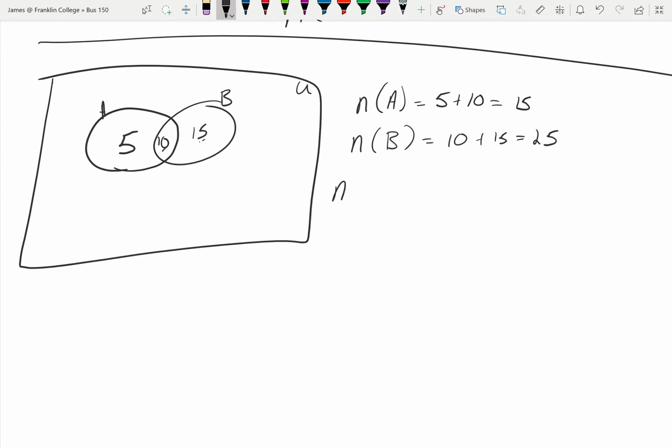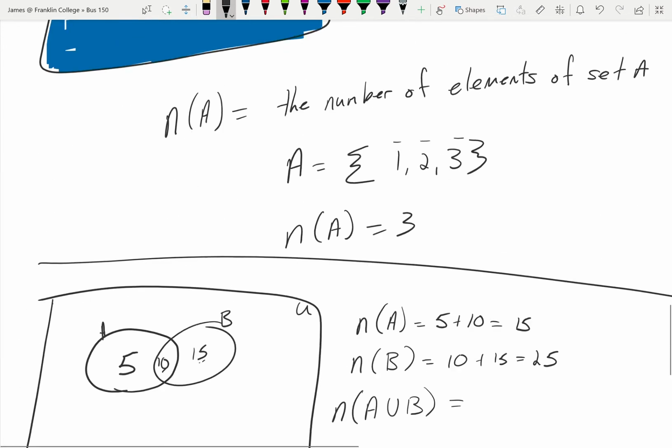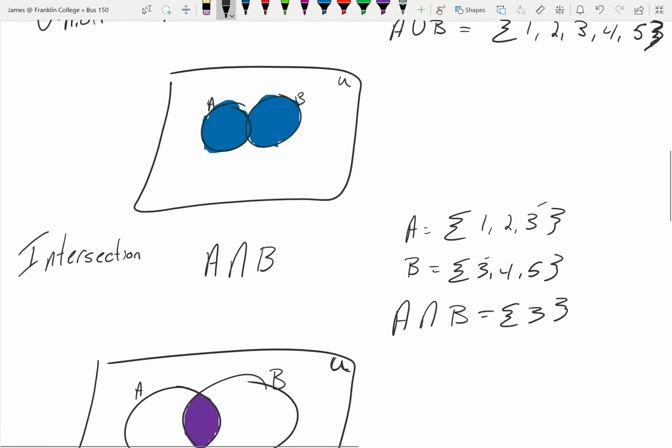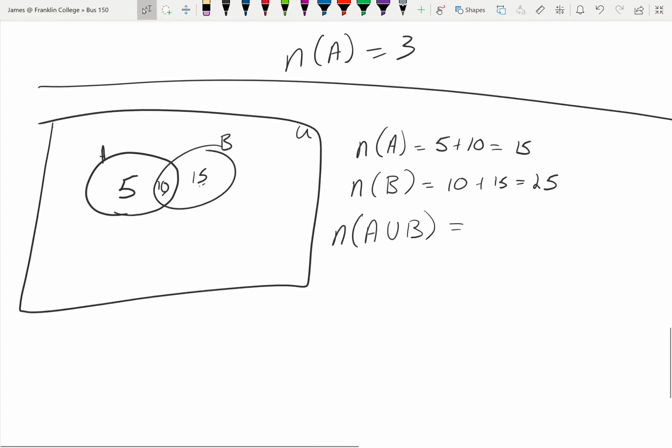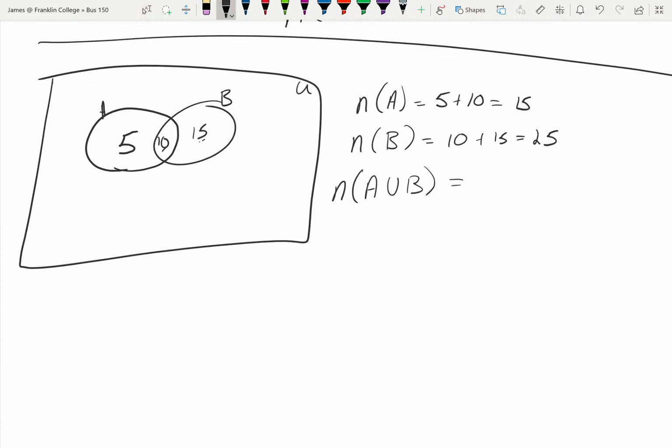Alright, the number of elements that's in A union B. Well, remember, A union B is all the things in A and B plus its intersection. So that's going to be 5 plus 10 plus 15, which represents the number of elements that's in A union B. So that equals 30.